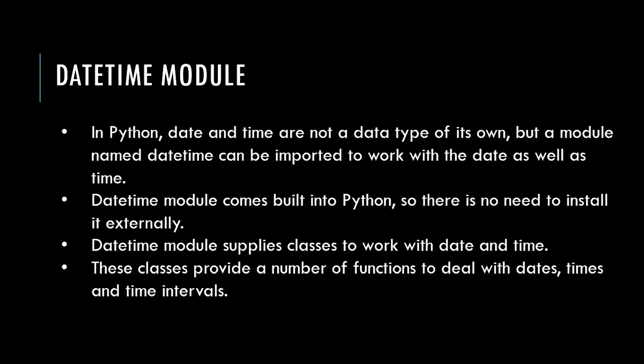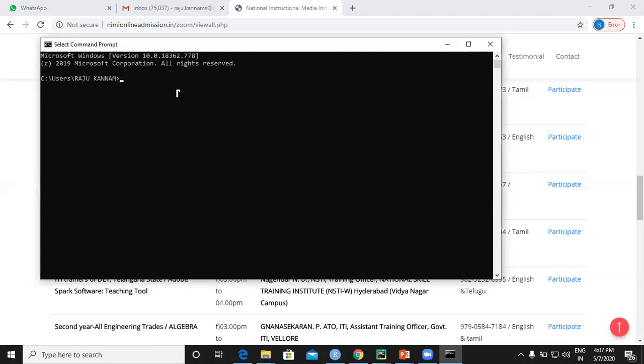So now let us go to the command prompt, and here you type py. So go to the Python shell, then there you type help modules, right? Help, and you want to have the information about modules, right?